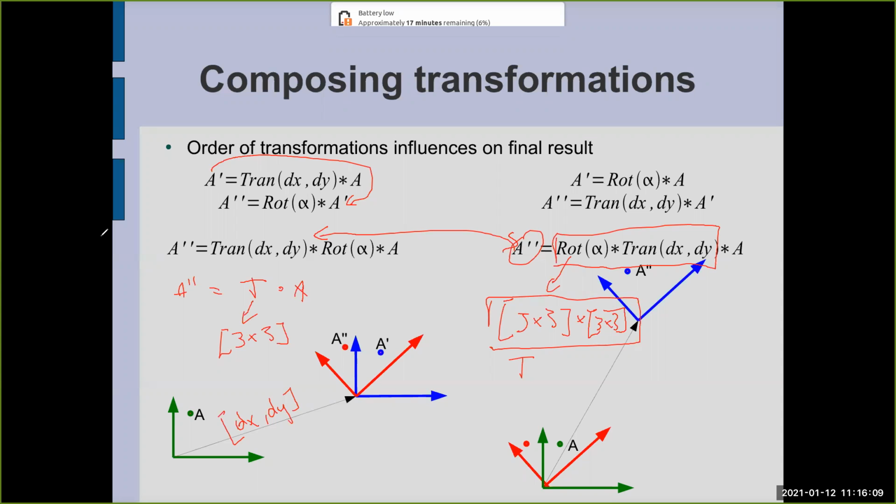Of course, remember that the order of transformations matters: if you perform translation first and then rotation, the result will be different than if you perform rotation first and then translation. I hope it is obvious, but it doesn't matter, you can always create a single matrix which represents all the transformations.